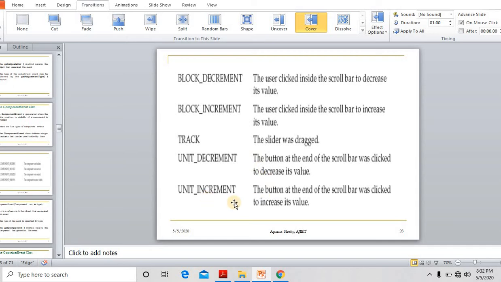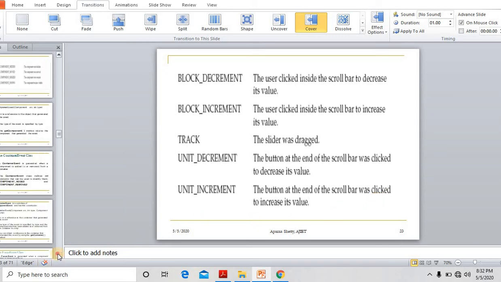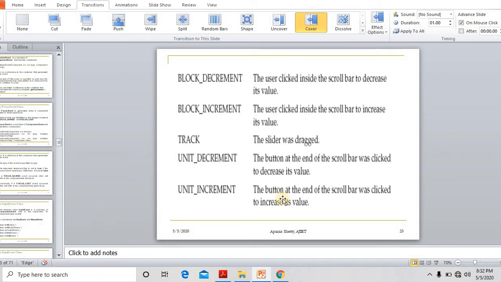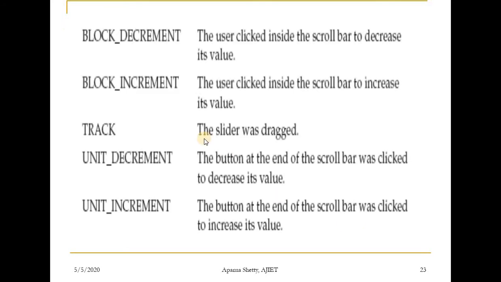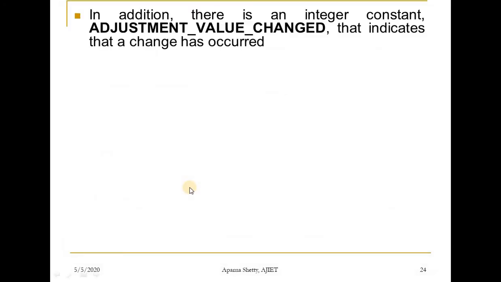Unit increment means the button at the end of the scroll bar was clicked to increase its value. So if I click the button over here to increase the scroll bar value, then it is called unit increment. So this was about the integer constants of the adjustment event class: block decrement, block increment, track, unit decrement and unit increment.